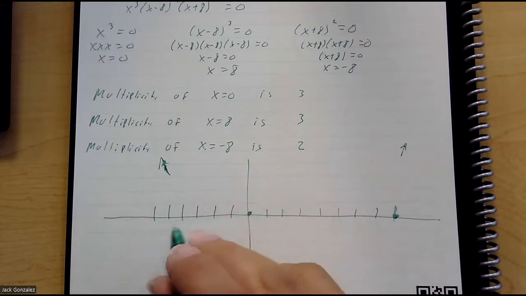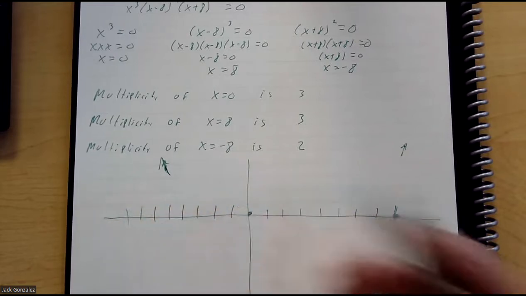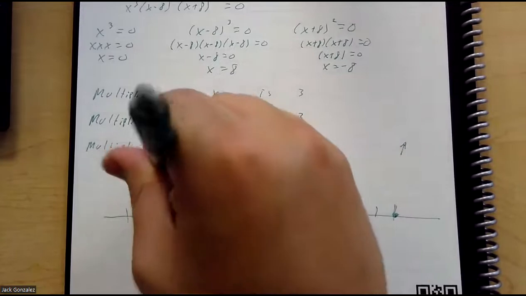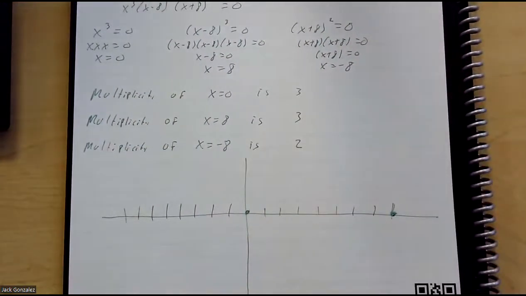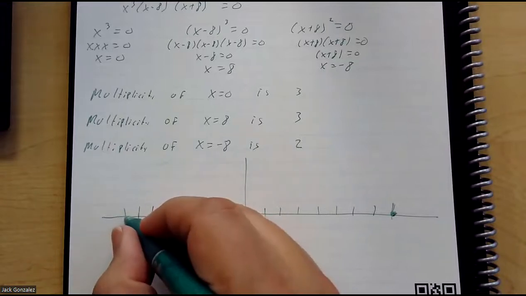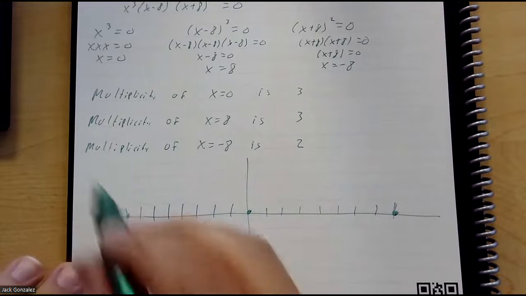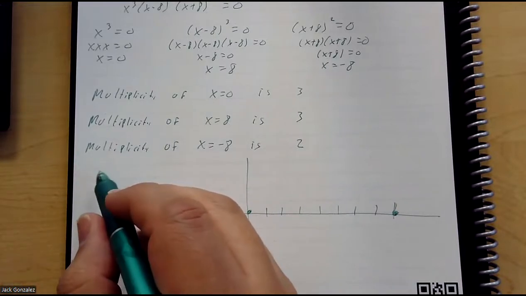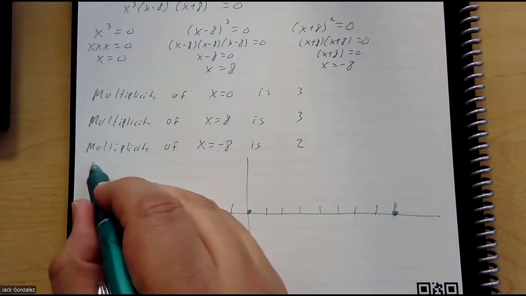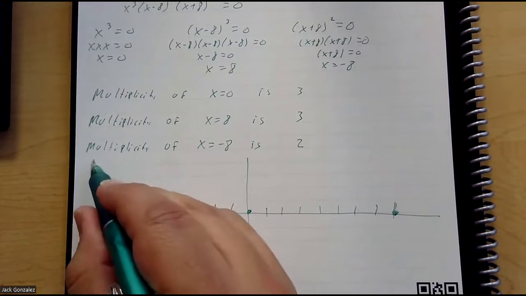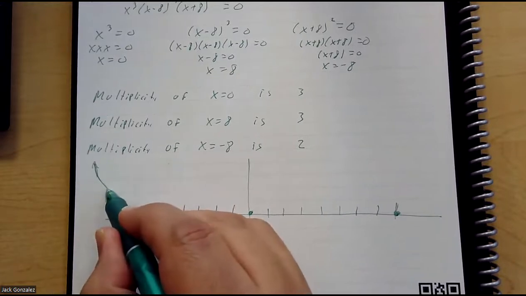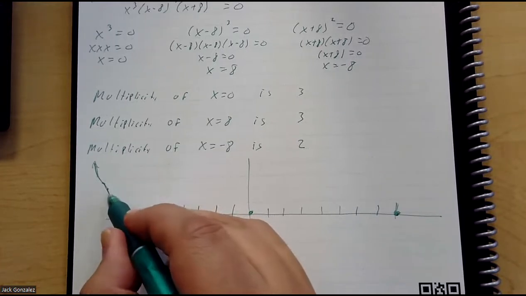1, 2, 3, 4, 5, 6, 7, 8. Okay, we have a 0 there. Now, since I have the end behavior going up, that means as I approach this 0, because it is multiplicity 2, I'm going to bounce off it.